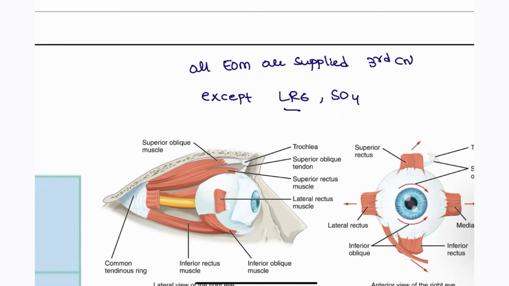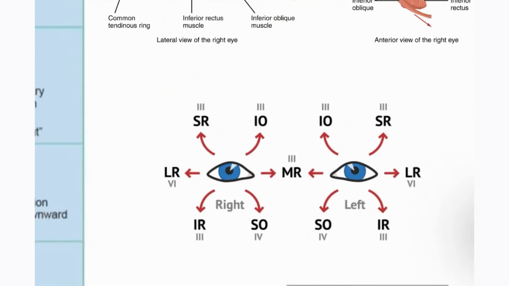The lateral rectus is supplied by the sixth cranial nerve and the superior oblique is supplied by the fourth cranial nerve. That is the first thing that you have to remember.